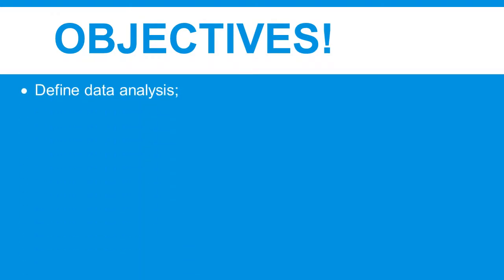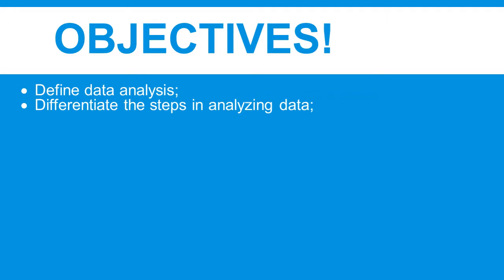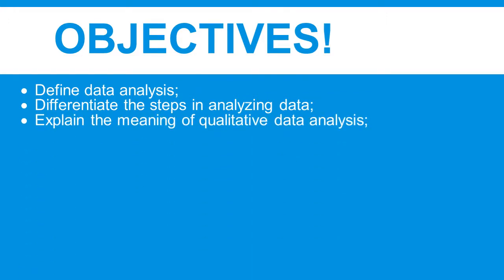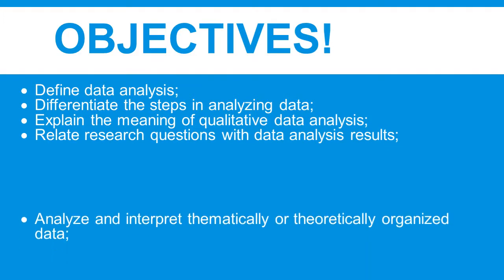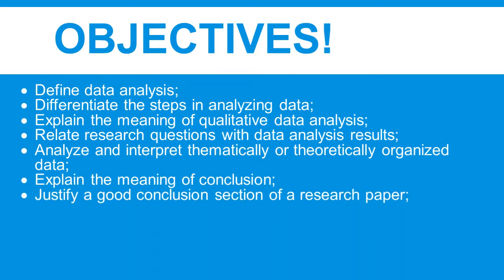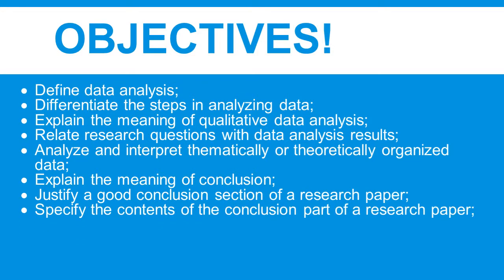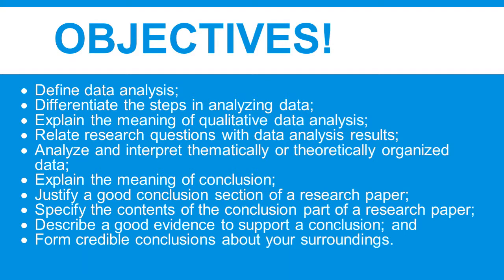At the end of the discussion, you should be able to define data analysis, differentiate the steps in analyzing data, explain the meaning of qualitative data analysis, relate research questions with data analysis results, analyze and interpret thematically or theoretically organized data, explain the meaning of conclusion, justify a good conclusion section of a research paper, specify the contents of the conclusion part of a research paper, describe good evidence to support a conclusion, and lastly, form credible conclusions about your surroundings.